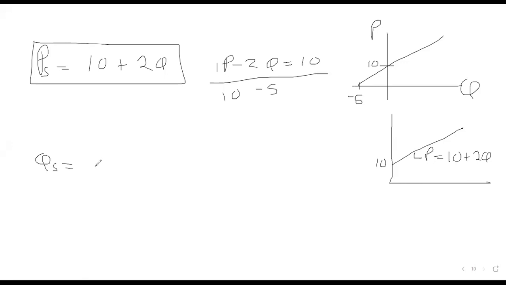So we are going to have Qd equals negative 3P plus 12, and also Qs equals 3P minus 12.